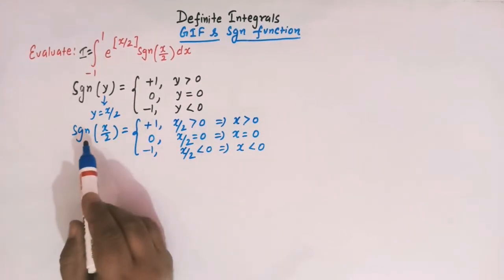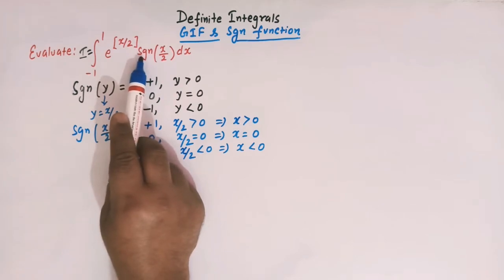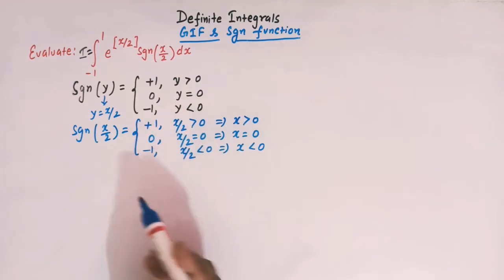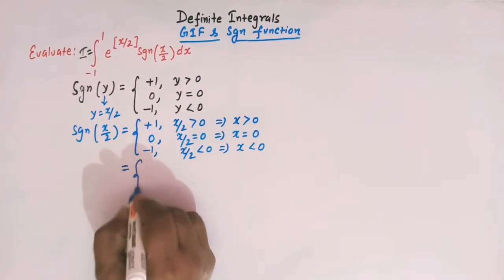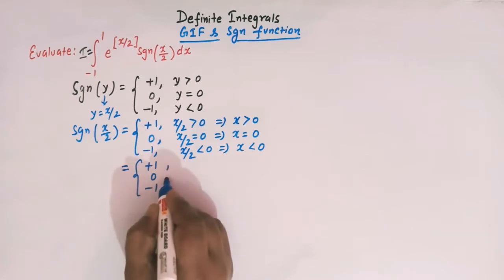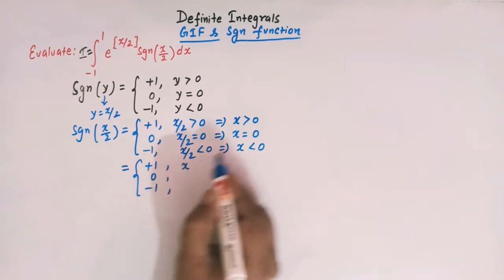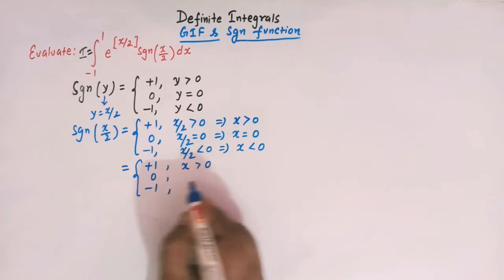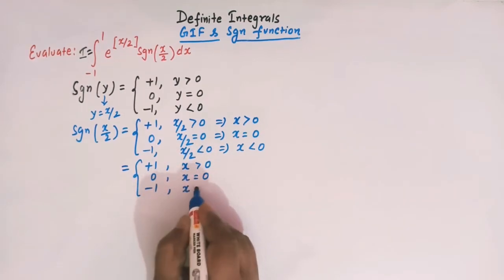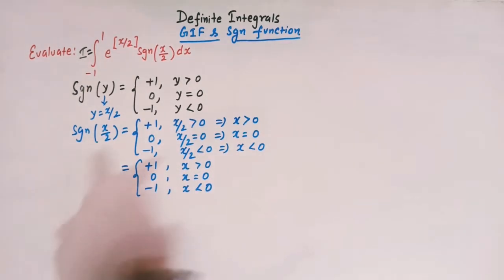So now we have defined this function signum of x over 2 like this, so we can rewrite it as +1, 0, -1, and here we have x greater than 0, here we have x is equal to 0, and here we have x less than 0, right?